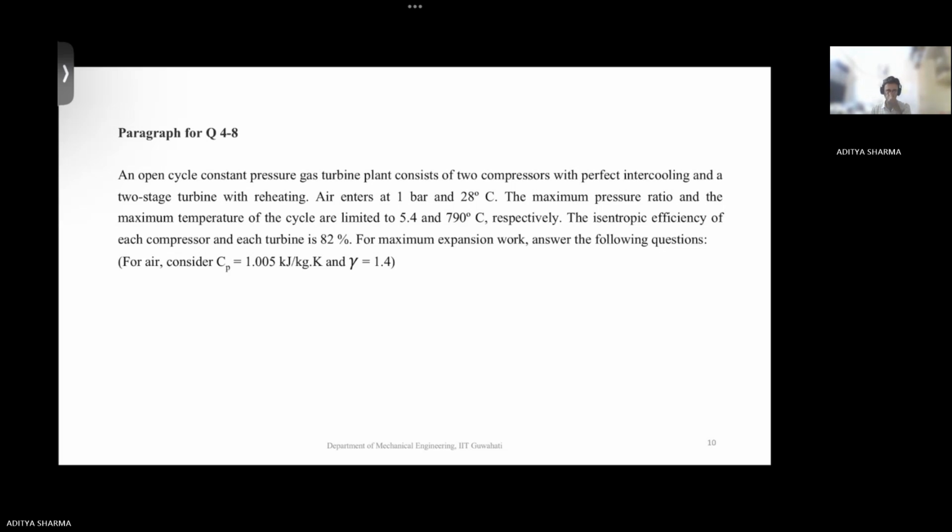After that, we will take the questions based on this paragraph or given data. So let's read this question first.